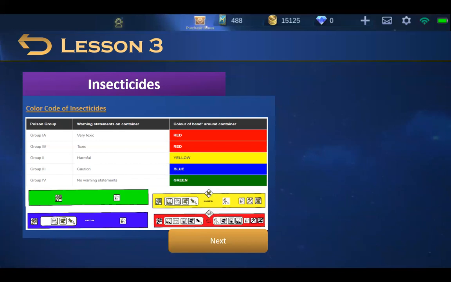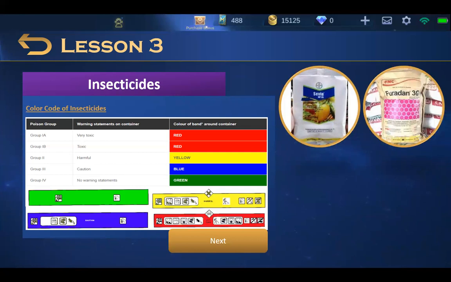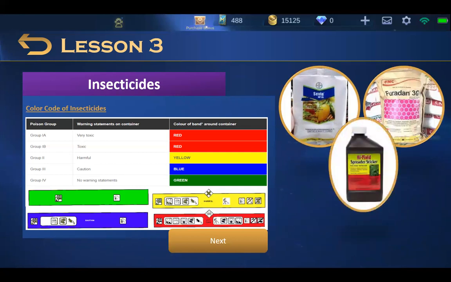So I have here a sample of different insecticides or pesticides that we use commonly. We have the Sevin, an insecticide, and it has a yellow color coding. We have the Furadan, yellow color also. We have the spreader sticker.